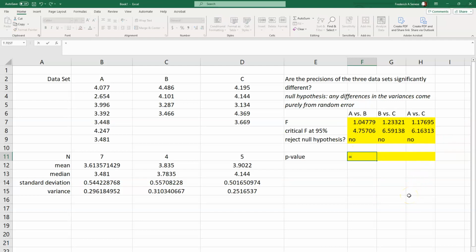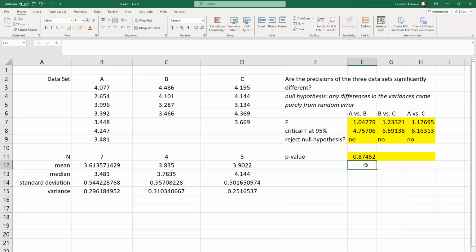Now, the function here is F.TEST. And it only takes two arguments. One is the first data set you're comparing, and it doesn't matter if you select over blank cells, it will ignore those. And the second one is the second set that you're comparing. Now, I got 0.87452 as my p-value.